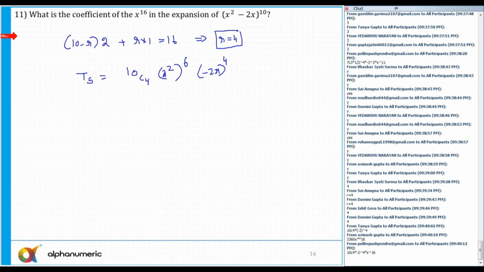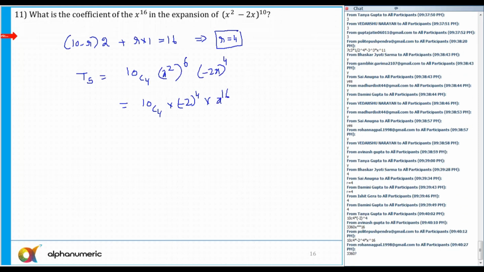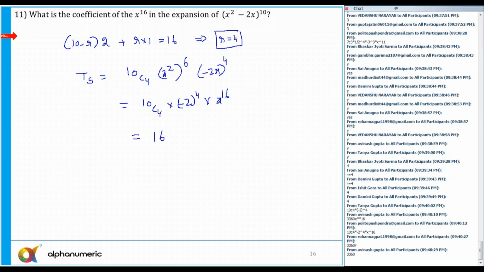So you'll get the answer as 10C4 into minus 2 raised to power 4 into x raised to power 60. Alright. Yes, that's right, 3360. Perfect. So this is 3360 into x raised to power 60. So the coefficient of x raised to power 16 is 3360. Clear? Any doubt to anyone?